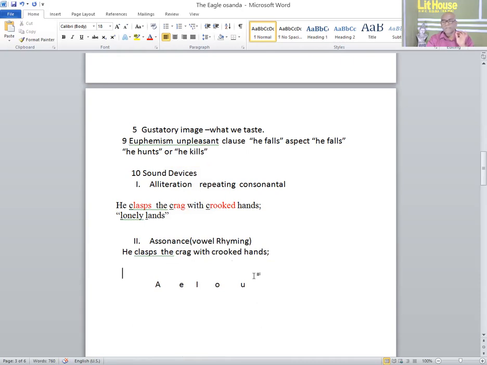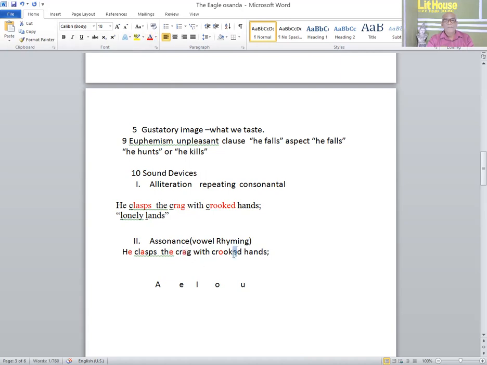Now let's identify the vowel letters in this line. What are the vowel letters? A. I will highlight them. Another one, O. Another one, E. In crack, A is also there.